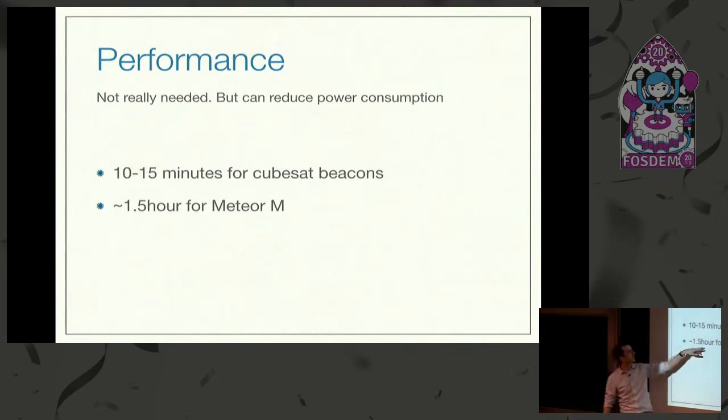And 1.5 hours for Meteor-M. But that's not really Java related. Anyway, performance is not really needed for this kind of software. I can optimize it maybe just to reduce power consumption and run on solar panels. But for now, it's okay.